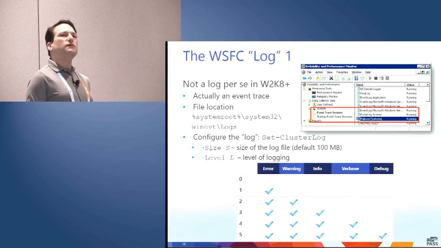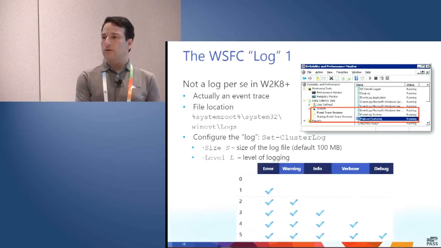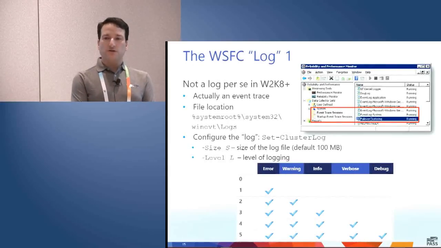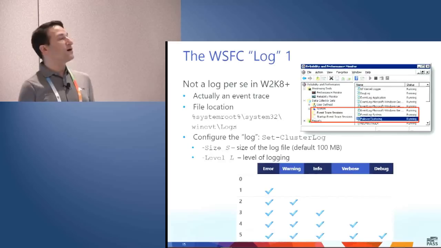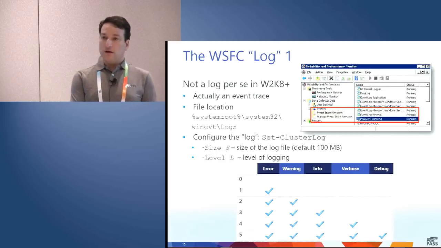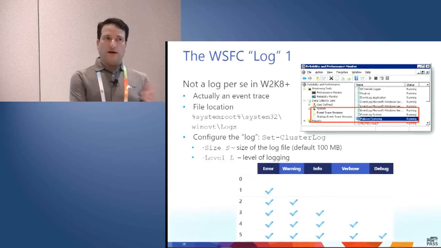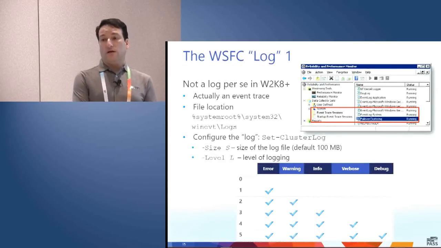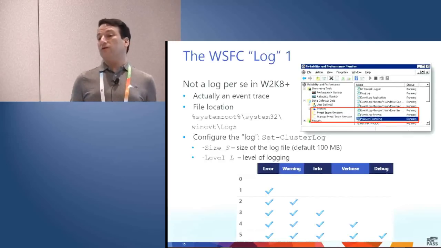So I mentioned that the cluster log is no longer really a physical file, as it were. Well, what they did, again, when they re-architected things in Windows Server 2008, they made it in ETW, or an event trace in Windows. So when you generate out a cluster log with the Get-ClusterLog command in PowerShell, it basically goes against this and munges it and gives you a text file that looks like the old cluster log, but it really isn't the old cluster log.